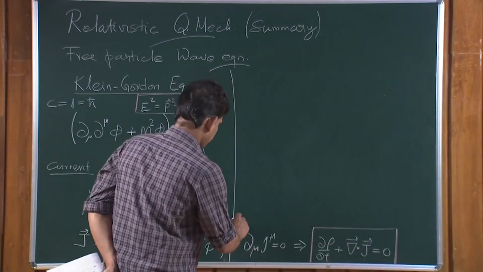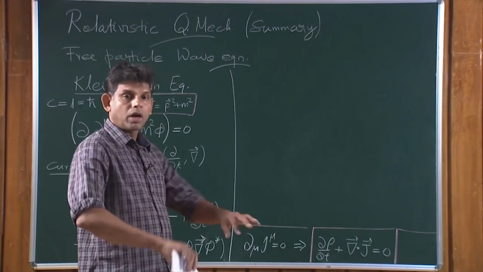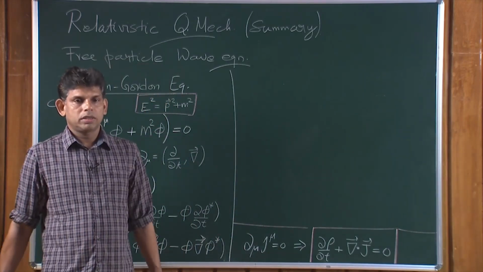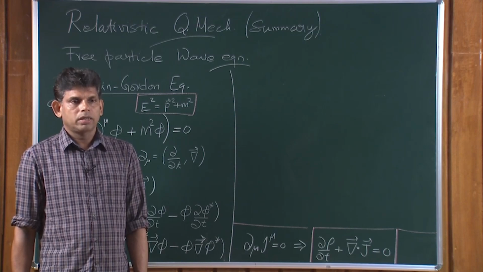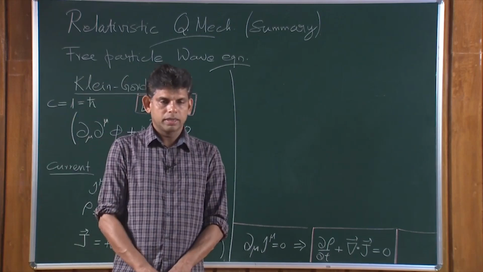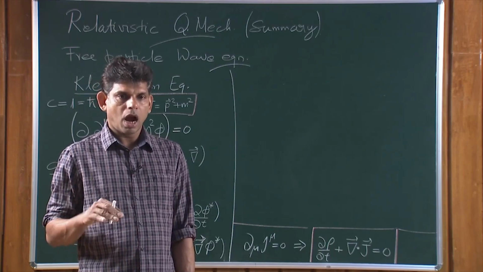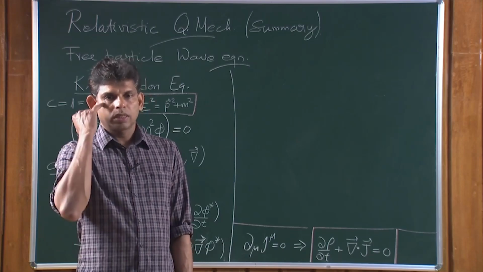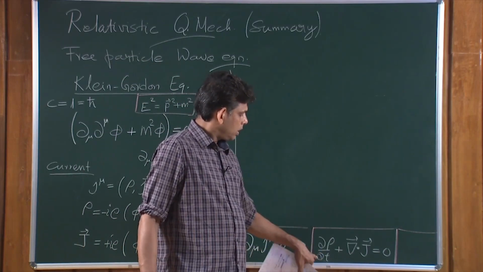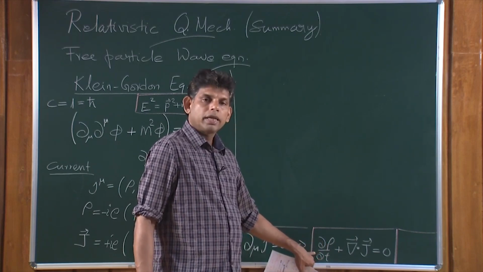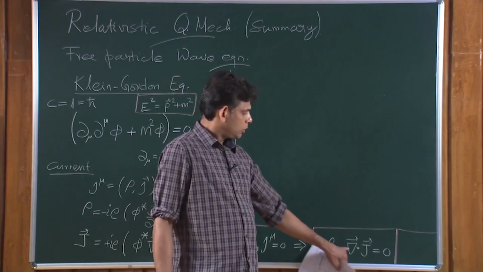In some sense, we had interpreted this as well. For example, if you have some amount of charge in a volume considered, let us say confined in a sphere, then if you consider the flow of charge out of this sphere across the surface, that flux or the divergence of that current plus the rate of change of the charge density should satisfy this equation.